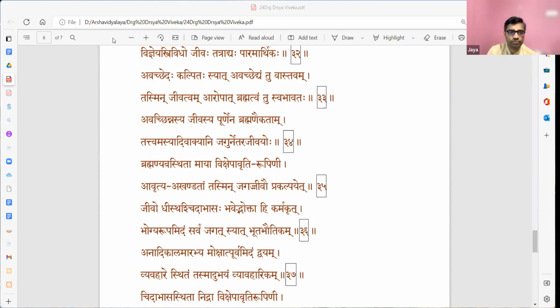That Maya, Brahmani Avastitha Maya, it is not a separate entity. Avastitha, it is Brahman. Is it a property of Brahman? No. Brahman has no properties. So what is it? It is Mithya.